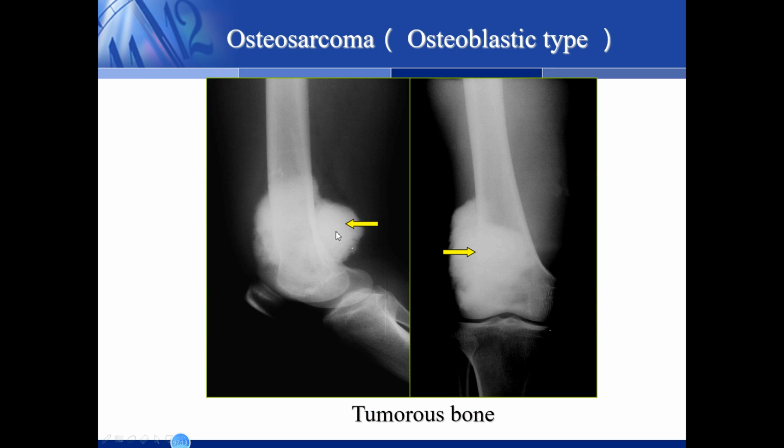Here is the osteoblastic type. We could find the tumor bone. The tumor bone is very high density. It happened in the distal part of the femur.